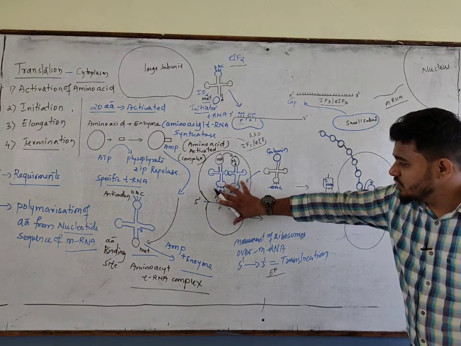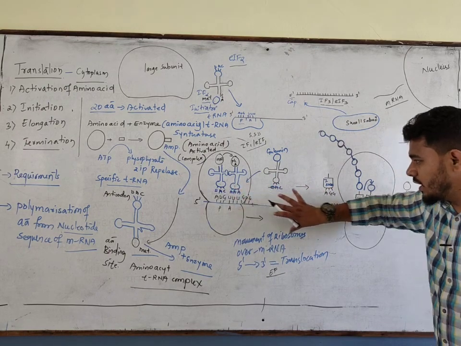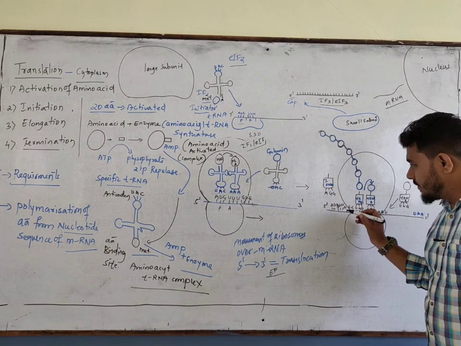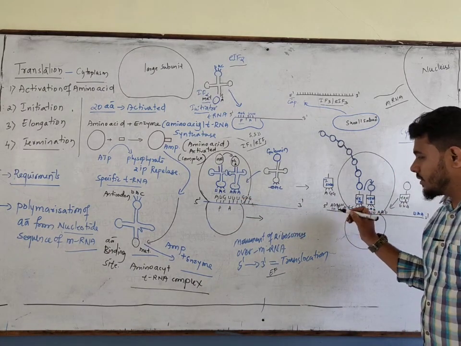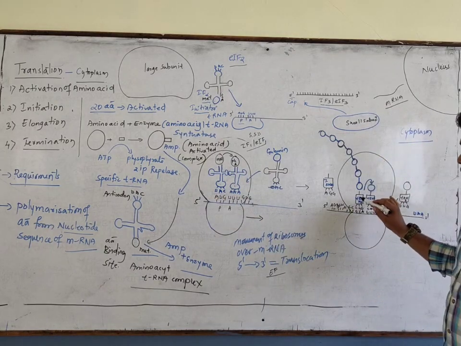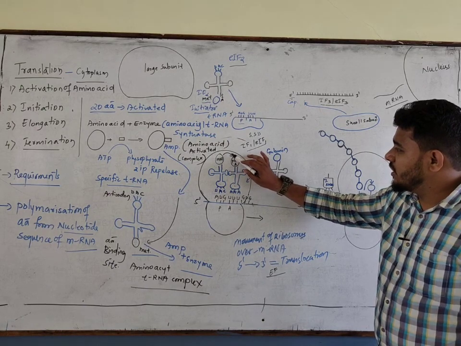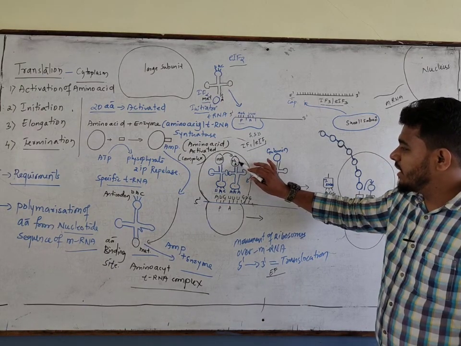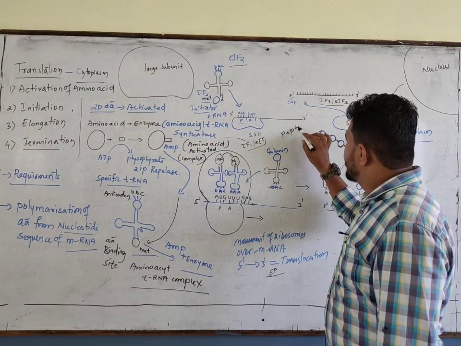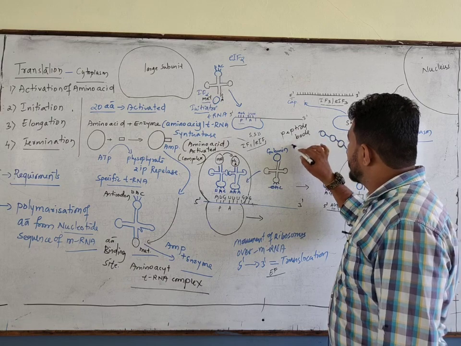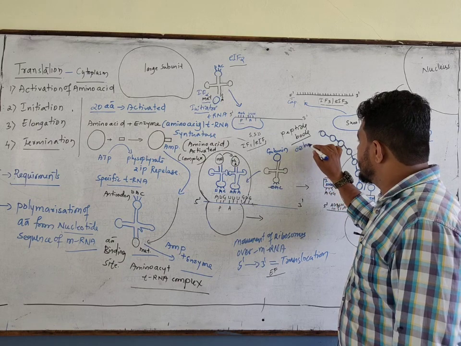When translocation happens, the ribosomes float and move. At that time, the first codons come out. As they come out, the tRNA carrying methionine and the next amino acid, then there is a formation of a peptide bond. Peptide bond formation is called a dehydration process.